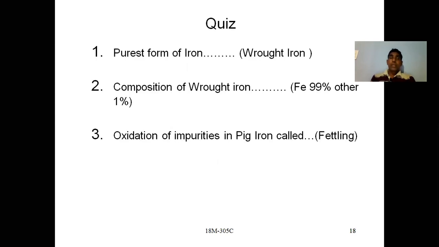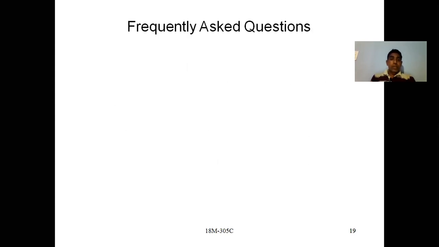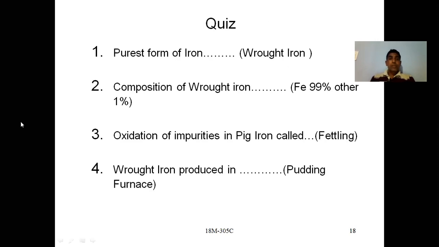If you see the quiz-related questions: what is the purest form of iron? Wrought iron is the purest form of iron, and the composition of wrought iron is 99% iron and 1% impurities. Oxidation of impurities in pig iron, that is the principle.